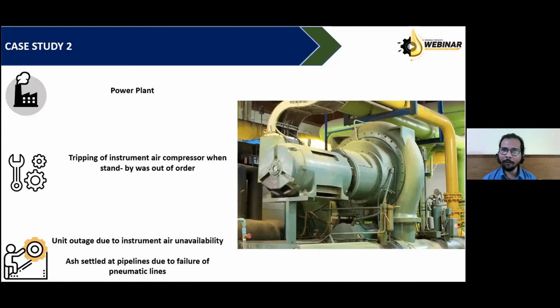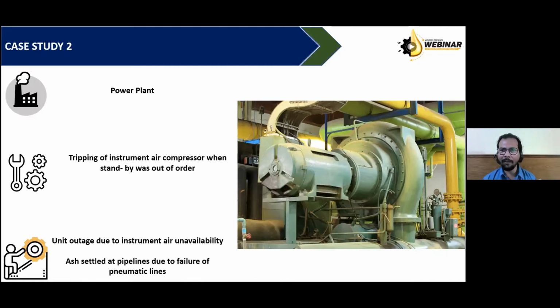We cannot convey the ash. It will settle in the ash pipeline. It may take days or weeks to remove all the jammed ash lines. Again, the control valves will not function properly, so temperature may go very high or very low for the cooling systems. Then we cannot control the speed of the turbine.